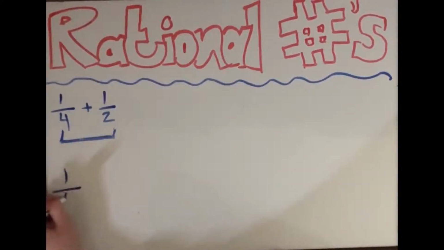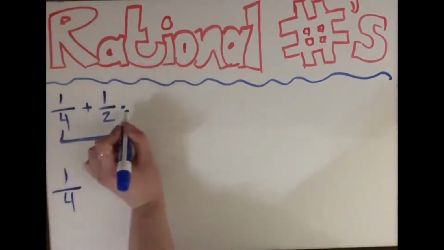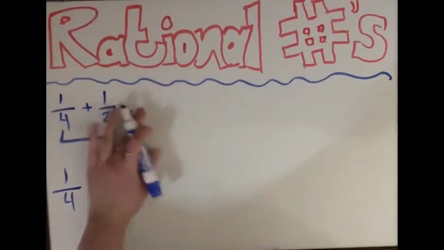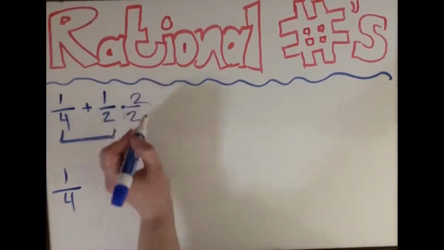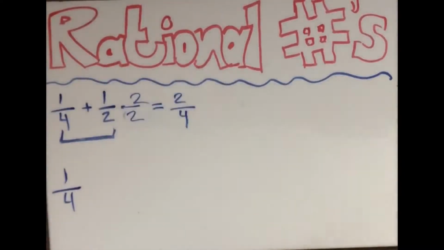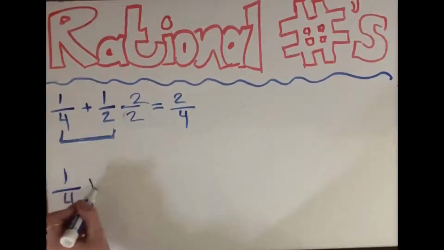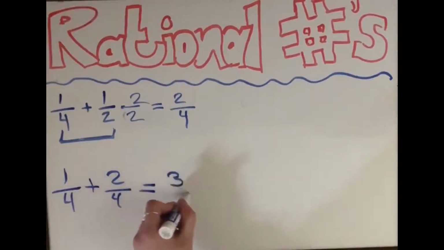We would have 1/4, and then we change 1/2 by multiplying by 2. 2 times 2 is 4. So 1/4 plus 2/4 equals 3/4.